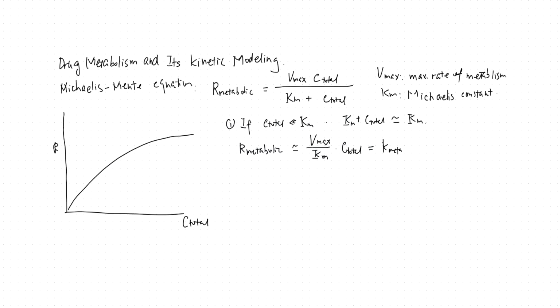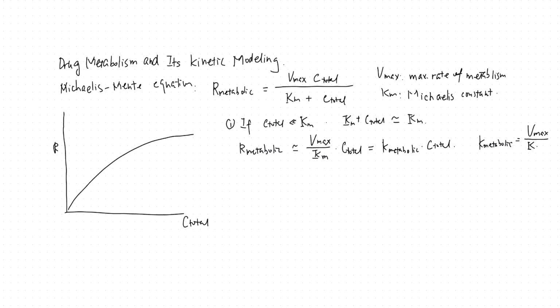k metabolic, multiplied by C total. And just to make sure that we know what we are talking about, k metabolic is defined as Vmax divided by Km.